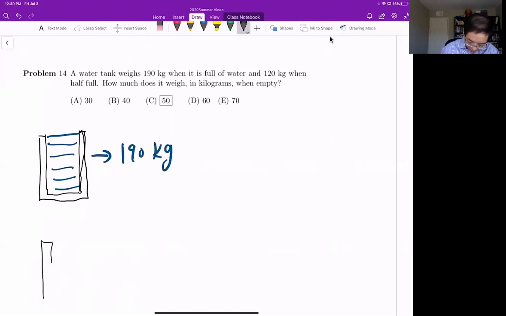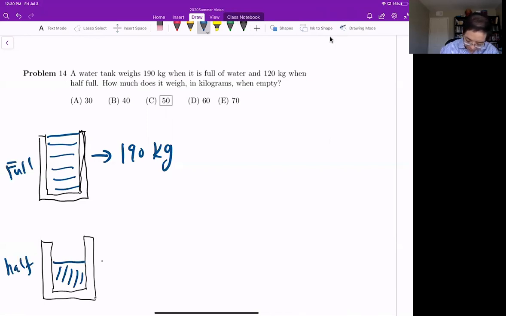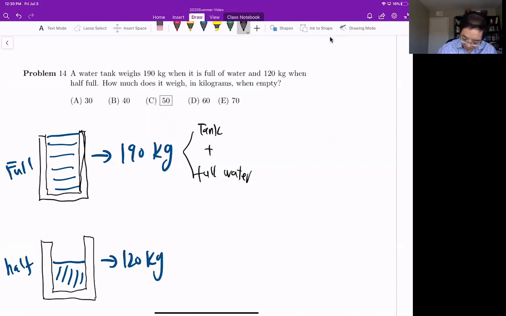And if it's half full, then here we have 120 kilograms. Obviously, the first one consists of the tank itself plus full water, and this one is the tank itself plus half water.